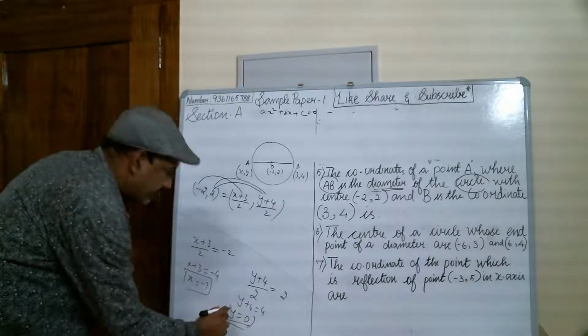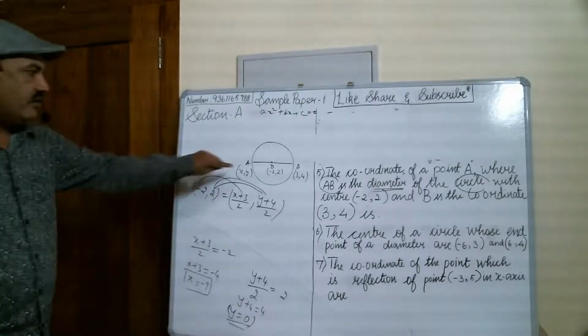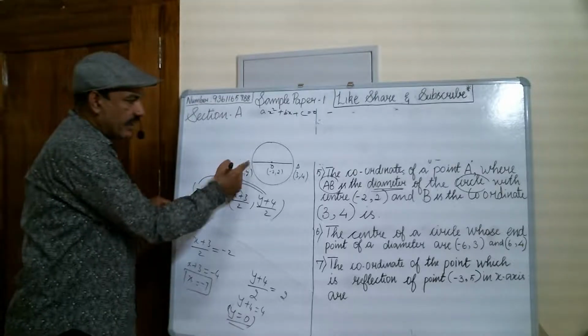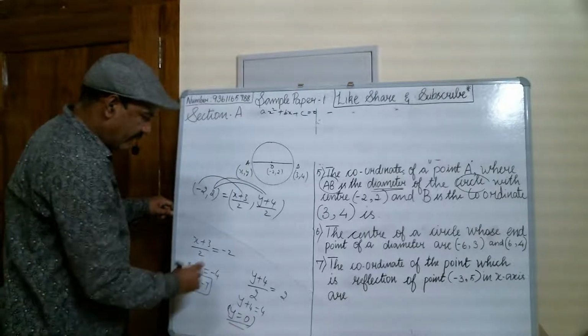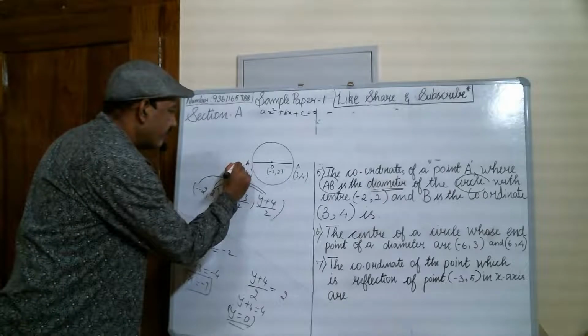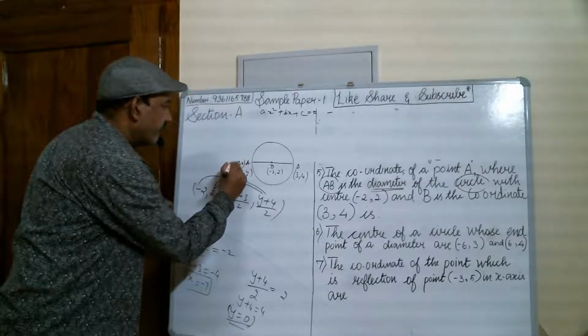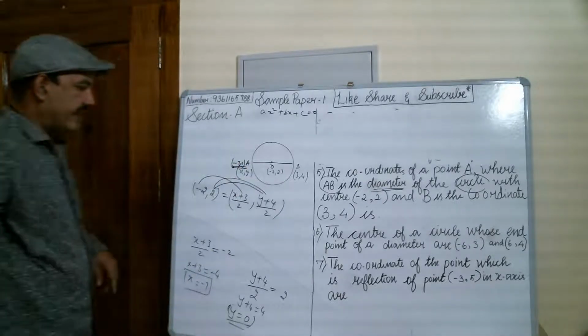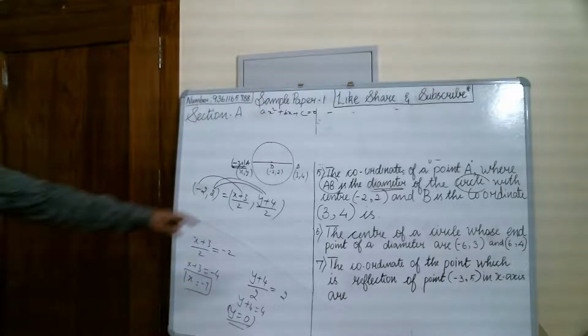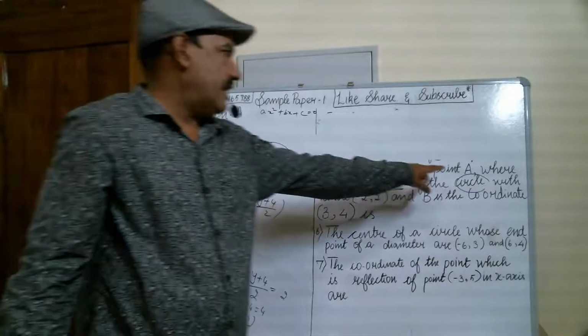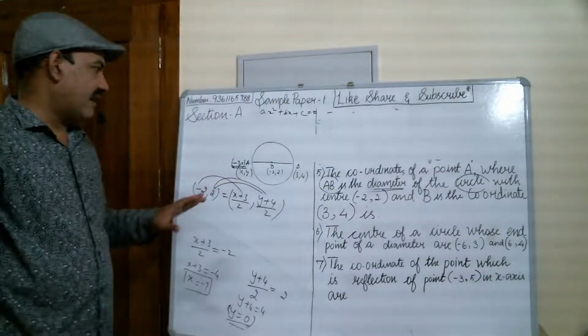So y is equal to 0. So the coordinates of A is -7, 0. This is your final answer. All right. So the coordinates of A they have asked, and it is -7, 0.